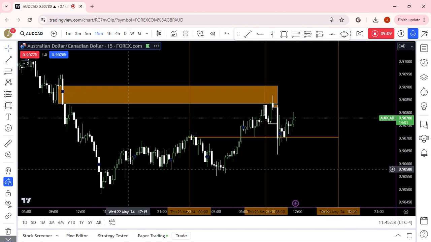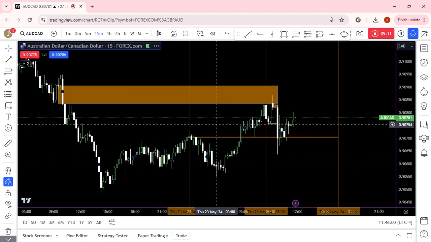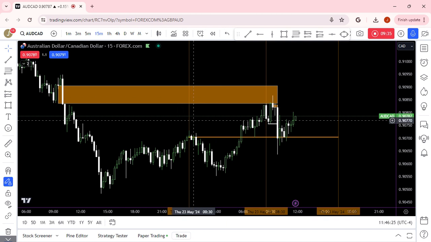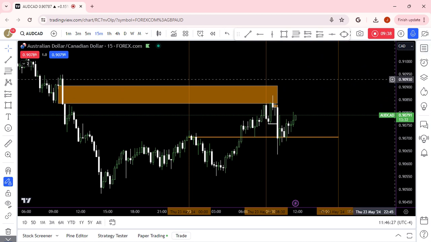And also understanding that learning any skill set is literally gonna require you to have some growing pains, you know? So I'm gonna end with that. That's just the AUD CAD and GBP AUD for today.